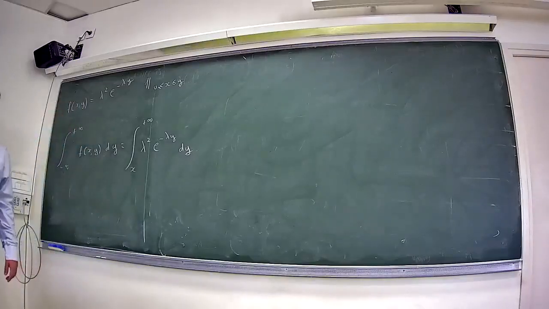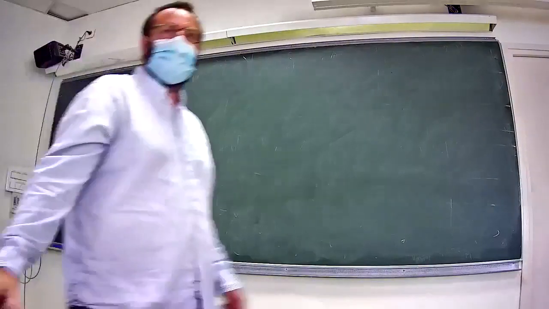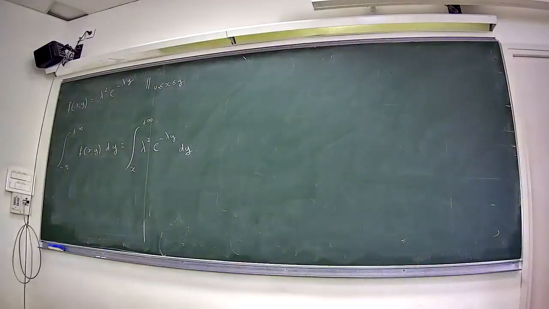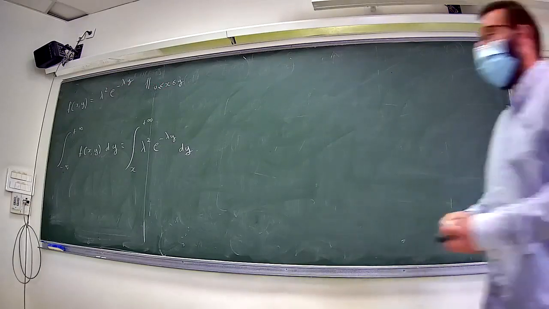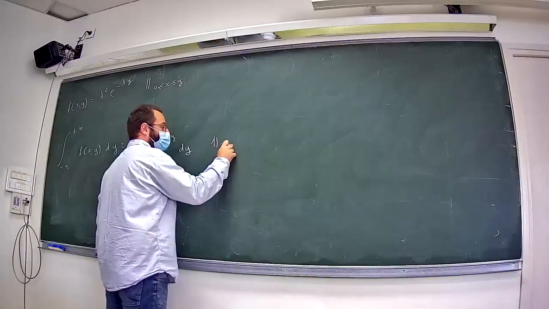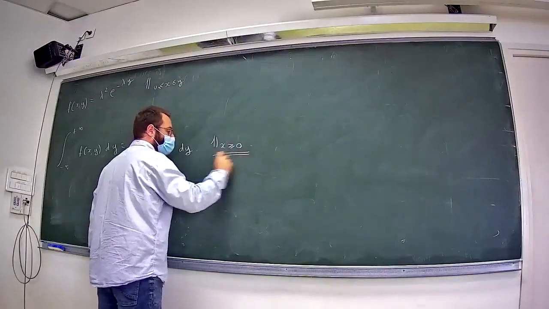But I have to be careful if I write this, because I have lost some information if I do this. I am agreed that y is greater than x, so that is translated in my integral here. I integrate for a y that is greater than x, but don't forget that x is positive. I have to write it, otherwise I will have a problem after.